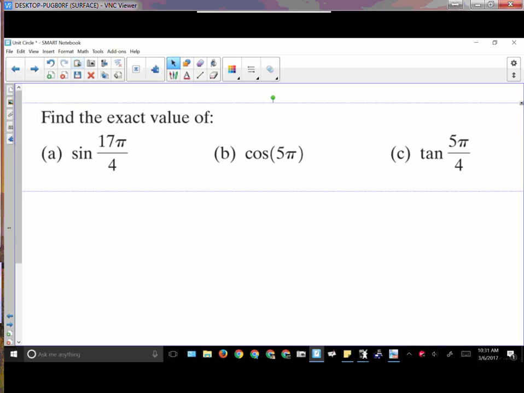What I want to do is take out how many times it goes around. Now, we've got a denominator of 4 here. What was the period for this? Sine is 2 pi, correct? So that means I would have to have 8 pi over 4. Would that give me 2 pi?